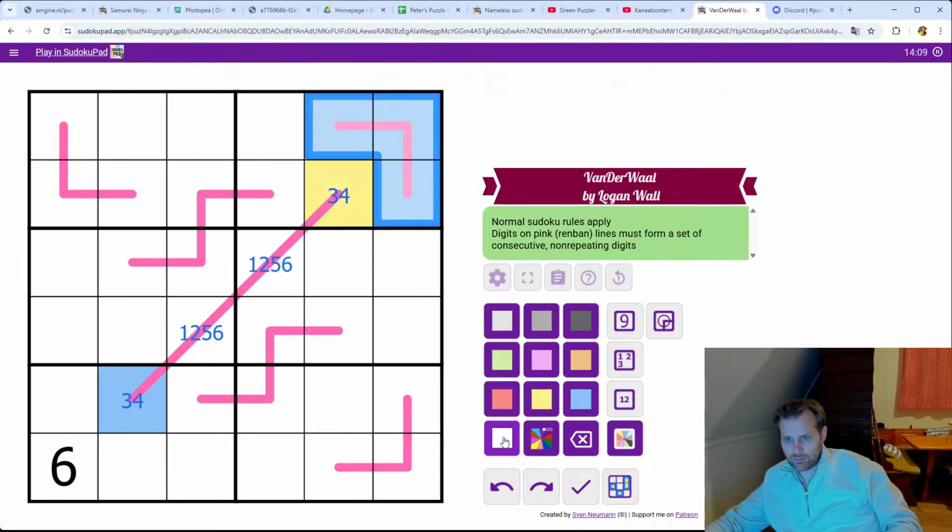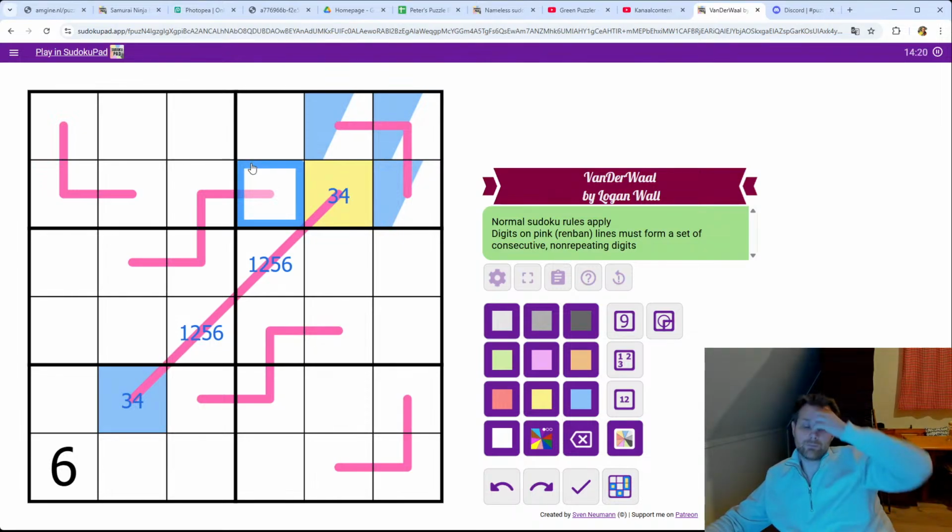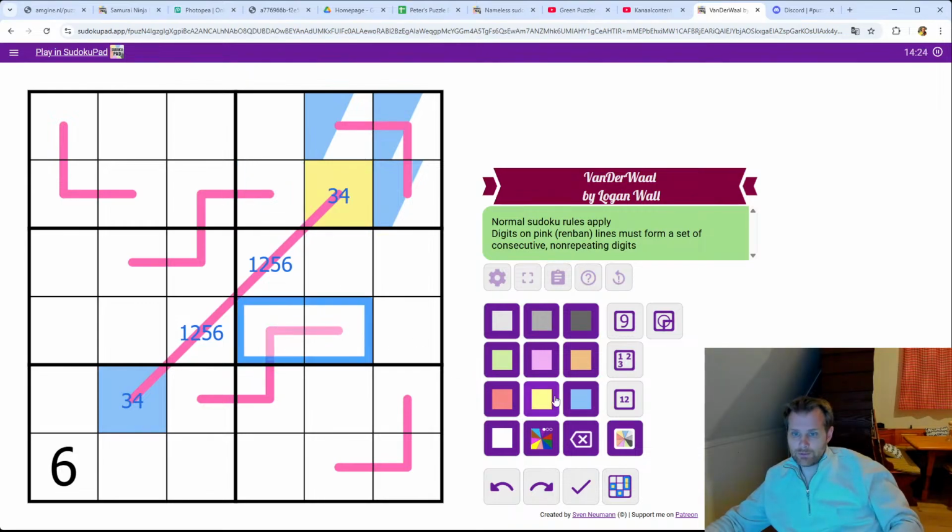This one has a blue on it. Okay, so this one has a blue on it, and this one has a blue on it. This one has a yellow on it.